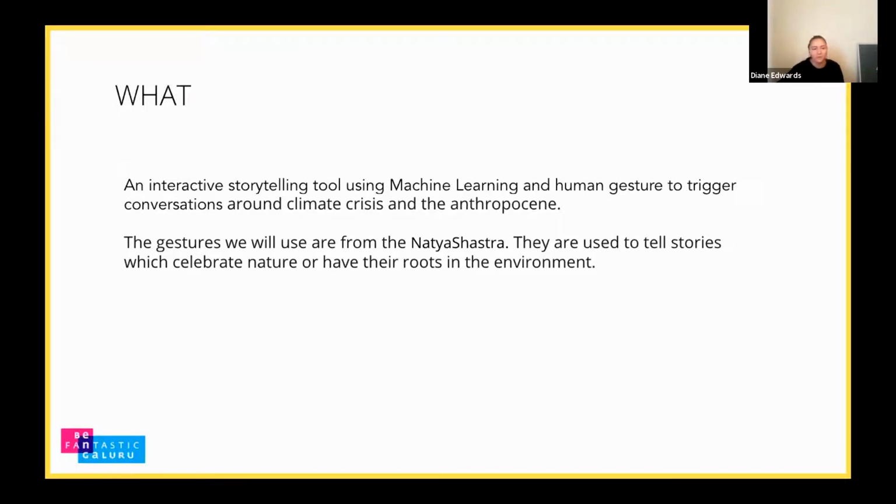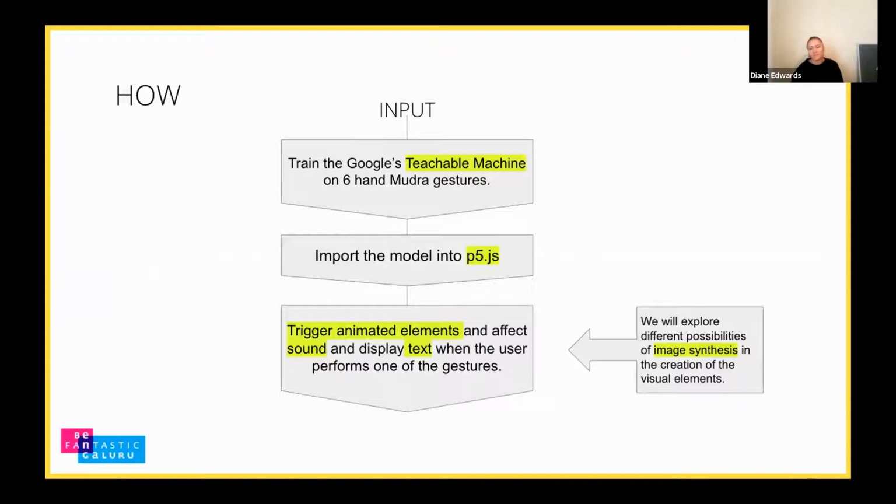So what we planned to make was an interactive storytelling tool, using human gesture to trigger current conversations around the climate crisis, Anthropocene, etc. The gestures we are using are from the Natya Shastra, which are used to tell stories celebrating nature and the environment. So we wanted to take on some of those, but we'll talk about that later.